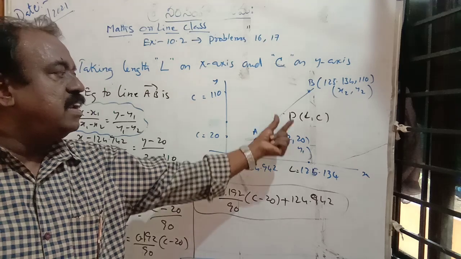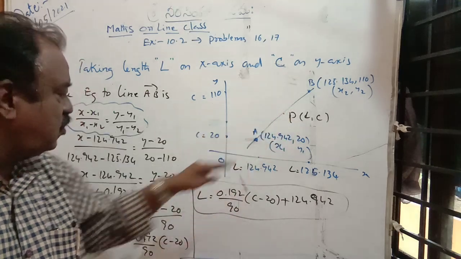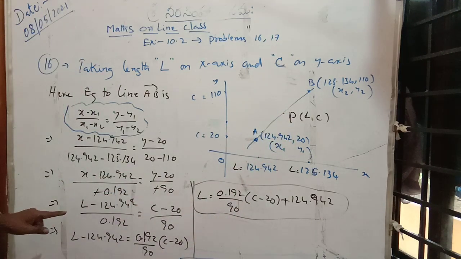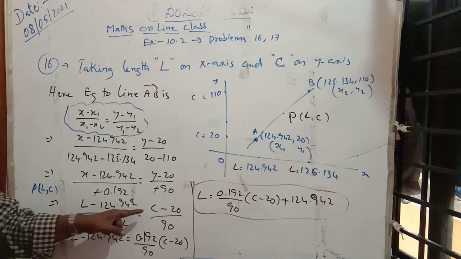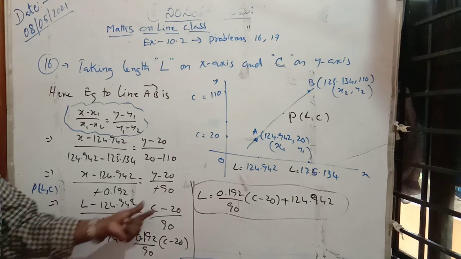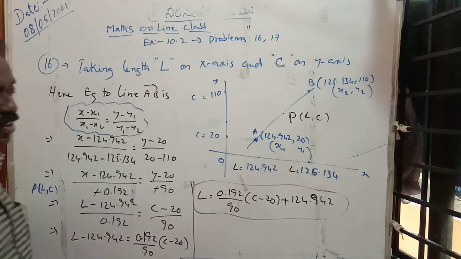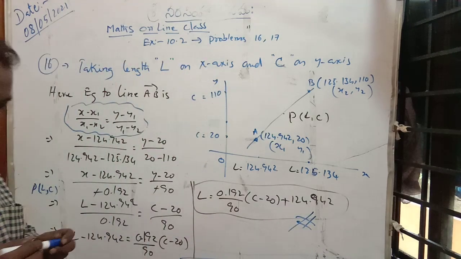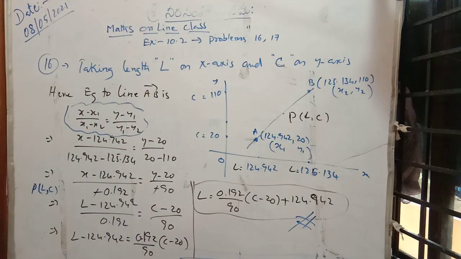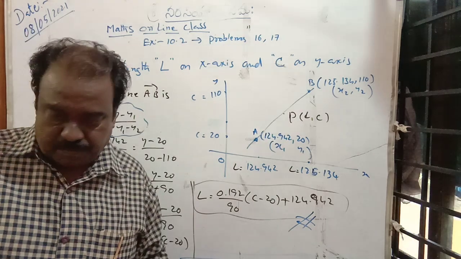On this line, L comma C, a point P is there. So a general point L comma C lies on this line. So for x we substitute L, for y we substitute C. So at last L is equal to something. So this is the problem. Slowly try to understand it.